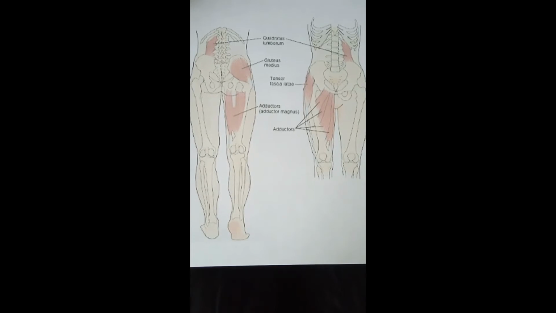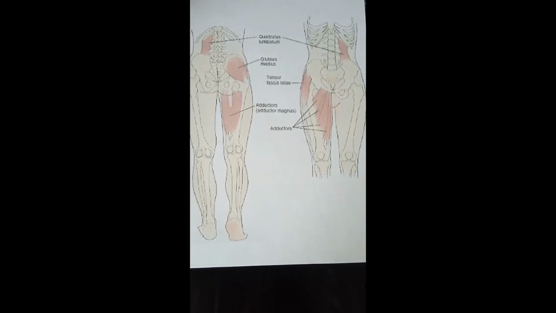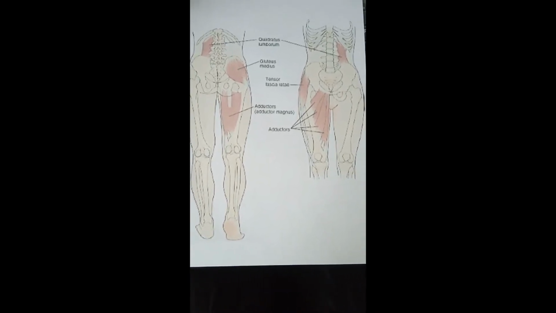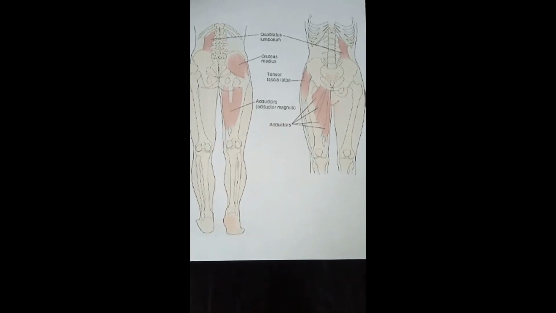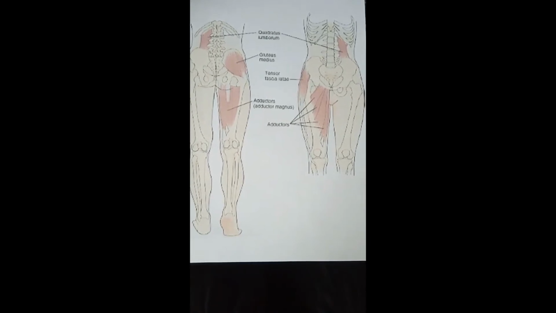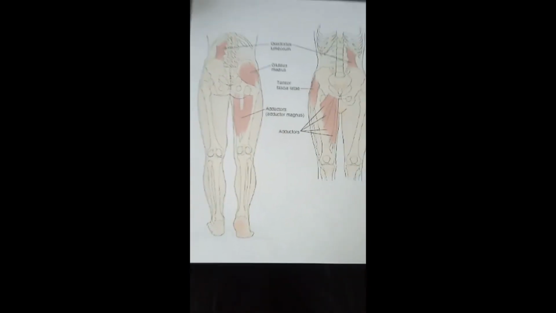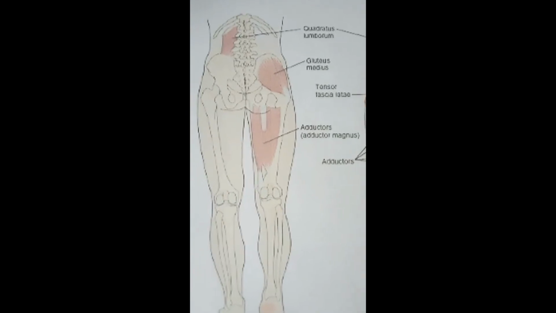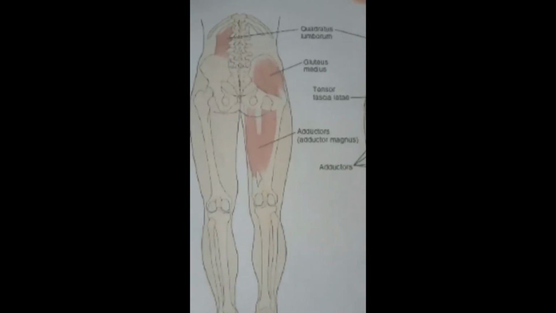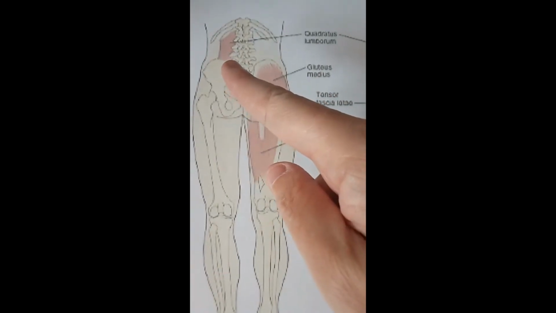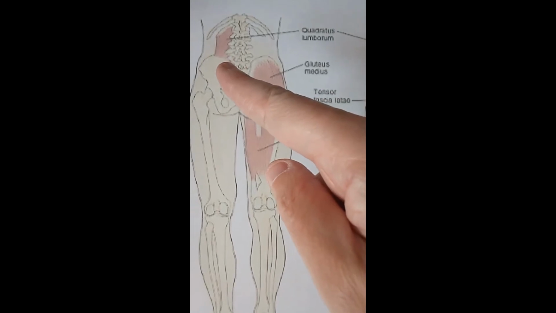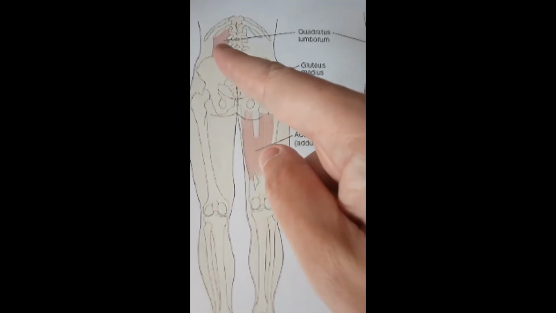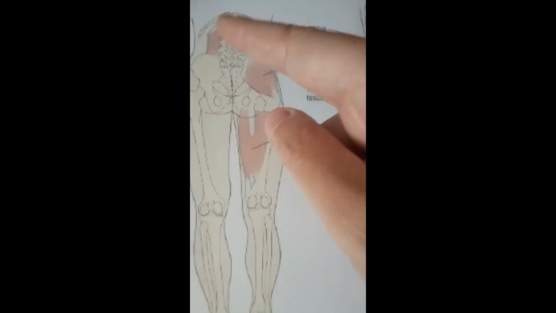What happens here is the muscles involved become imbalanced and cause a lot of back pain. If we look at the muscles that are involved, for example, the quadratus lumborum, which again, take a look at the post that I put up yesterday, you've got one on each side.